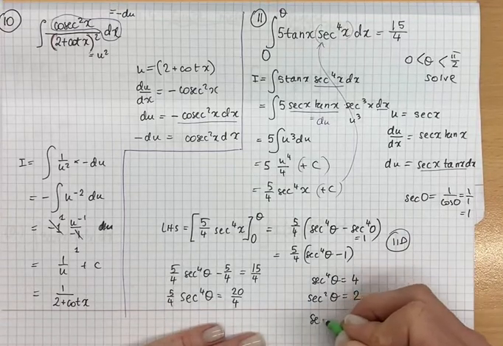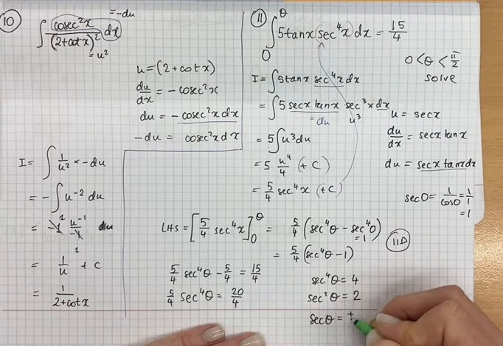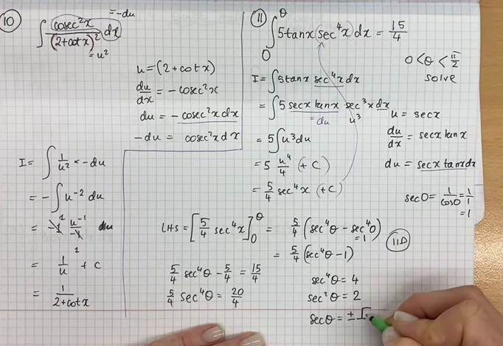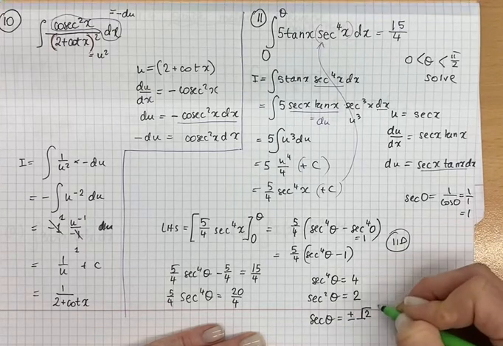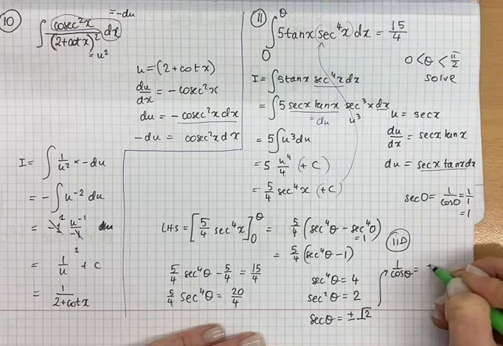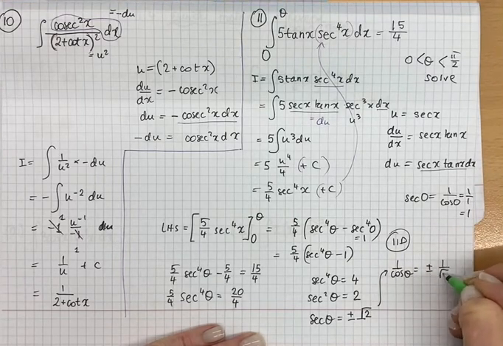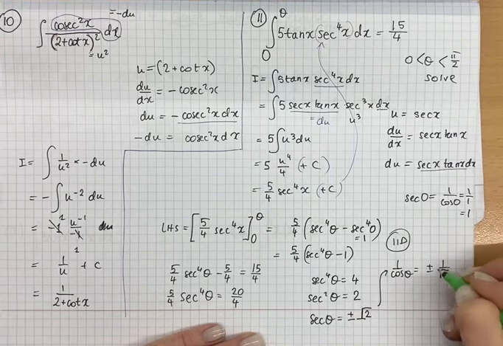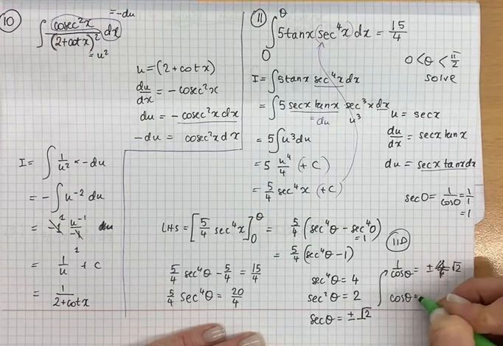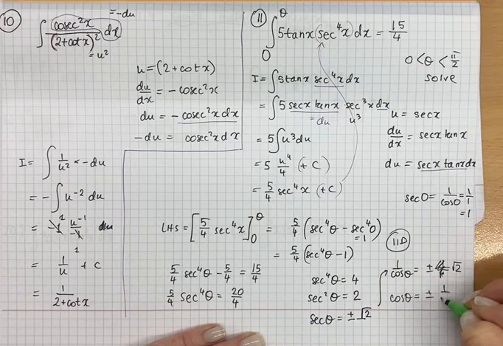So sec theta is equal to plus or minus root 2. That gives me 1 over cos theta equal to plus or minus root 2. I haven't flipped it yet, so root 2 cos theta, now it's equal to plus or minus 1 over root 2.